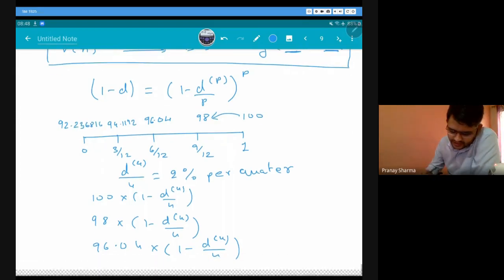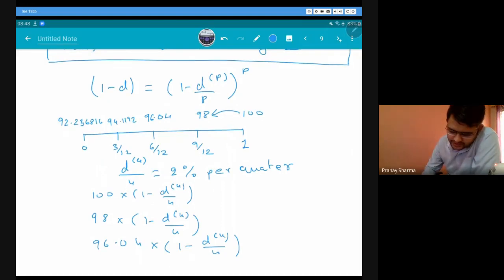This is what we are getting. So that means if I invest 92.236816 at time 0, I should get 100 rupees at time 1.